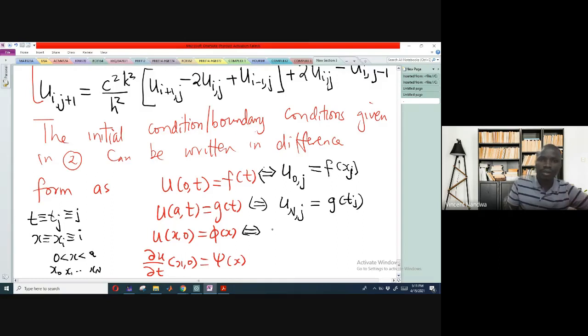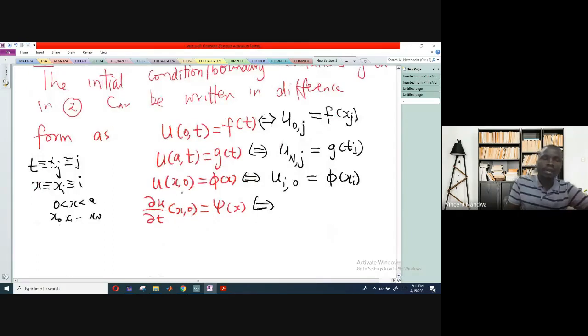This one will be given by u sub i comma 0 equals phi of xi, and then remember the derivative is the same as change in u over change in t. So it is the difference between consecutive values. This is the same as saying u i comma 1 minus u i comma 0 equals phi of xi.